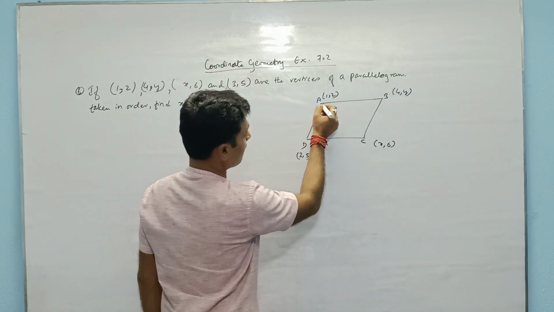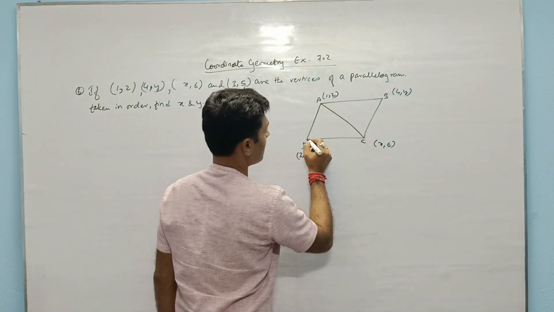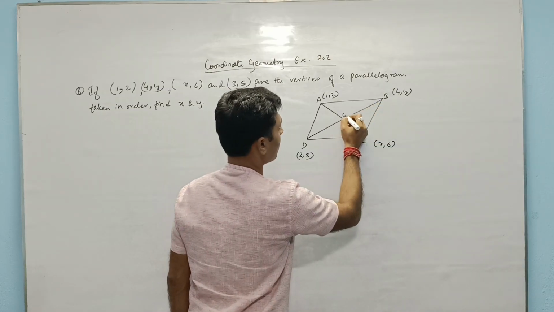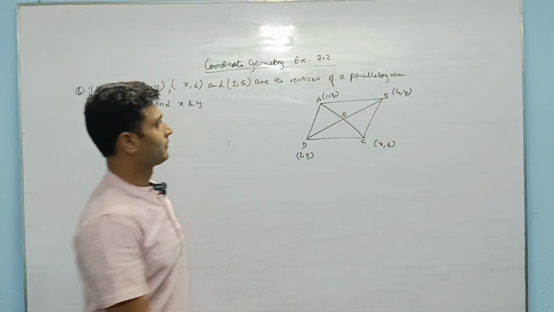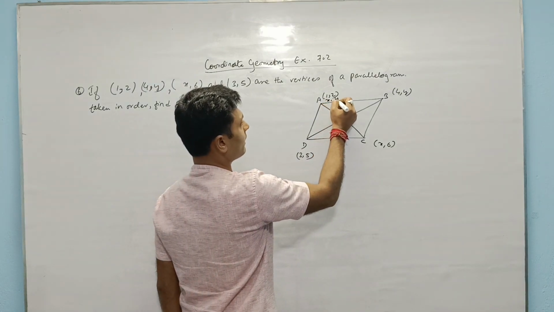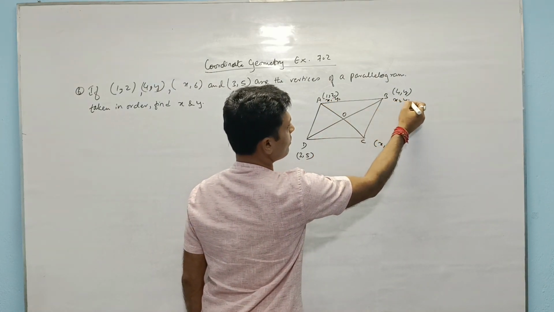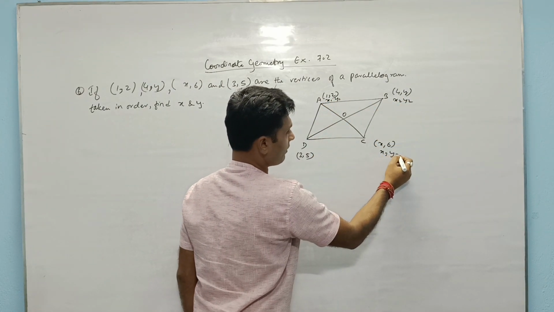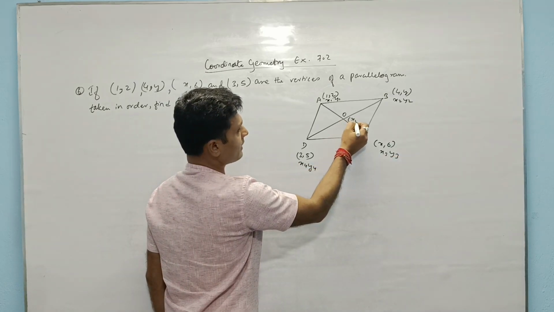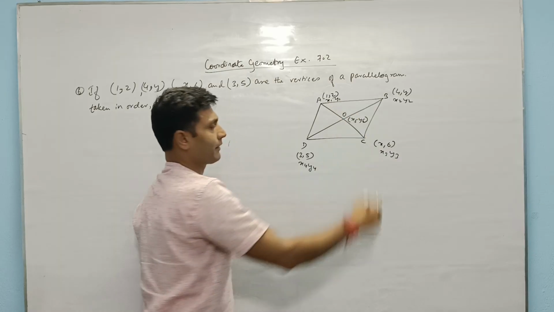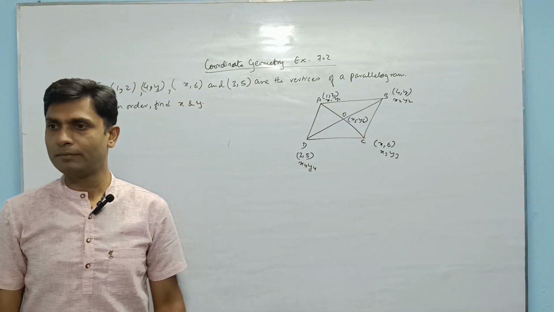So we'll draw the diagonals AC and BD, and we'll mark the point of intersection as O. This is x1 y1, x2 y2, x3 y3, x4 y4, and this is x5 y5. Clear?